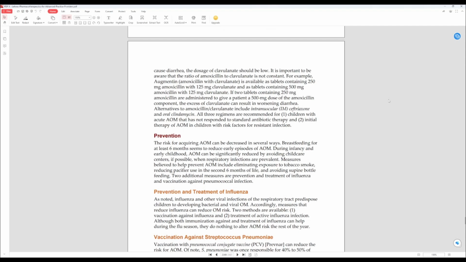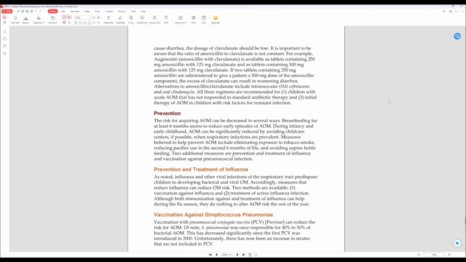It's important to be aware that the ratio of amoxicillin to clavulanate is not constant. For example, Augmentin is available in a tablet that contains 250 milligrams of amoxicillin and 125 milligrams of clavulanate, and as tablets containing 500 milligrams of amoxicillin, again with 125 milligrams of clavulanate. If two tablets containing 250 milligrams of amoxicillin are administered to give a patient a 500 milligram dose of amoxicillin, the excess of clavulanate can result in a worsening of diarrhea.